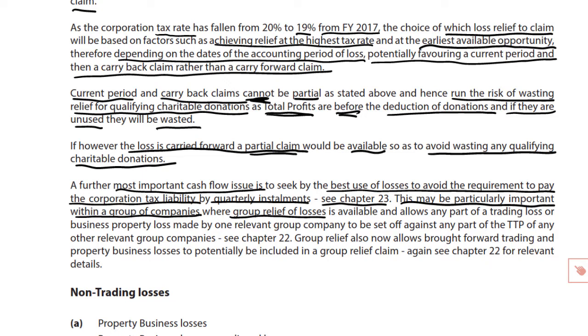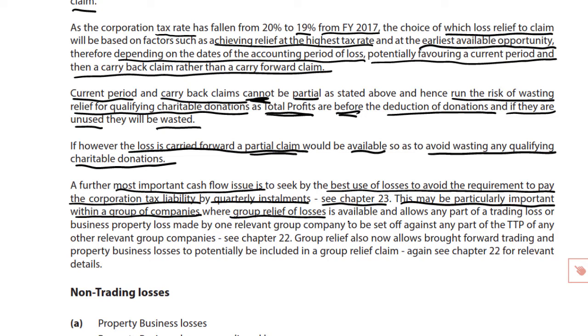If we were able to use losses made by one company to reduce profits in one or more other group companies below the profit limit, that would enable us to avoid making quarterly instalment payments, potentially not just in one company, but maybe two or more. That would be a very big win so far as our group of companies is concerned.